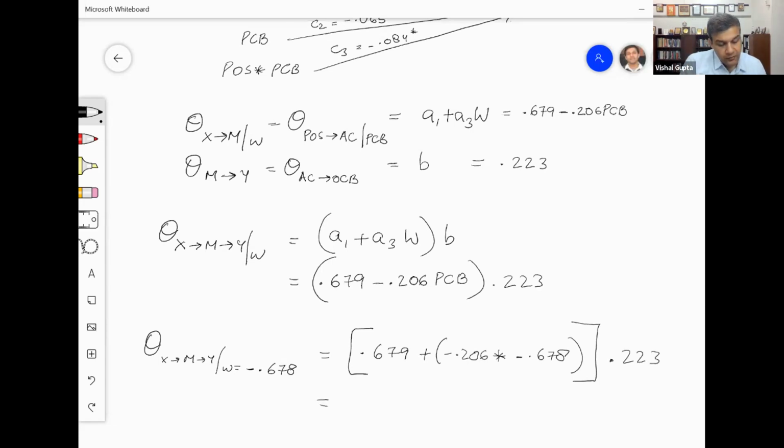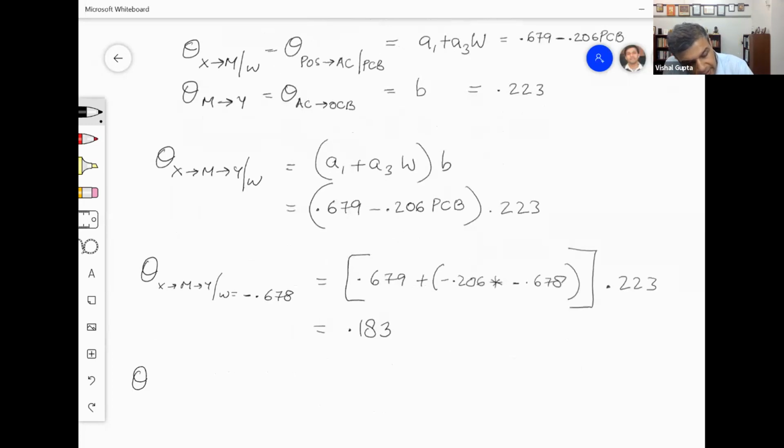If I were to solve this, okay, 0.206 multiplied with 0.678 plus 0.679 whole multiplied with 0.223, it will come out to be 0.183, about 0.18.